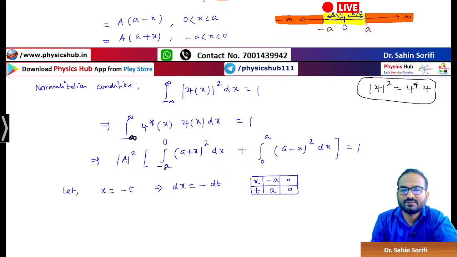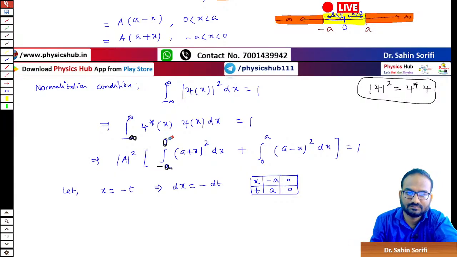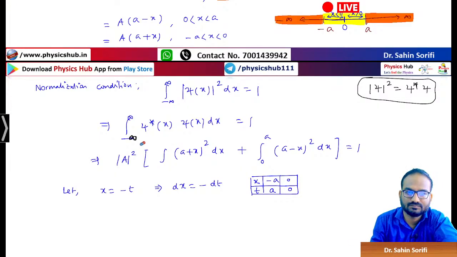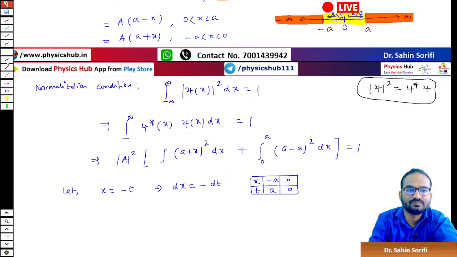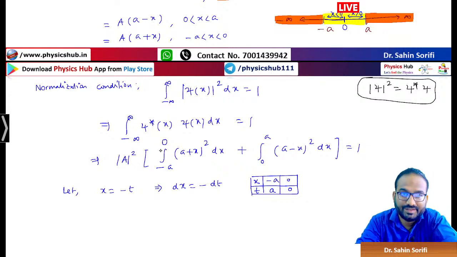So first we wrote for minus a to 0, where the value is a into a plus x, so a plus x whole square. Between 0 to a, the value is a minus x, so that is why.